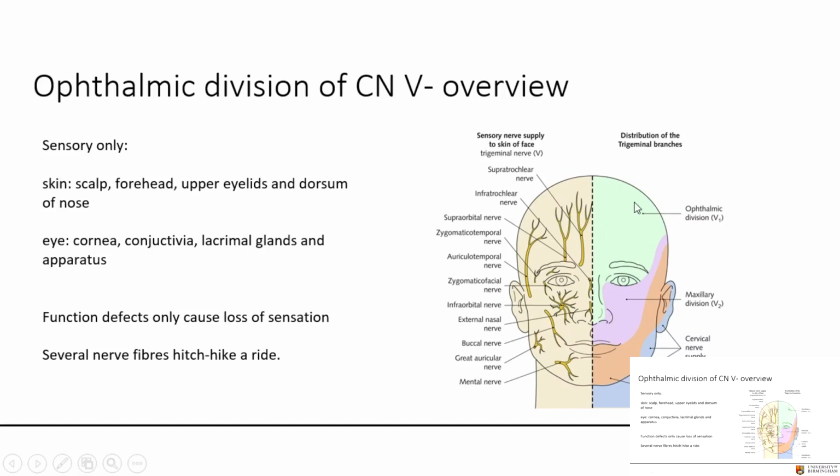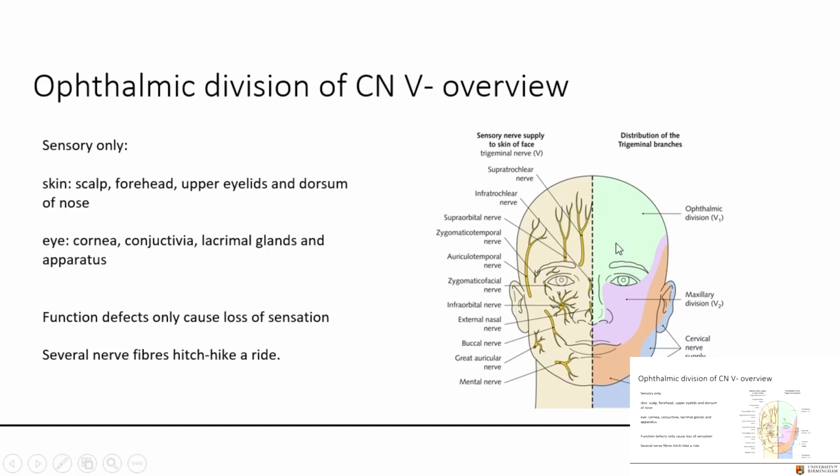So, it will be scalp, forehead, upper eyelids, the dorsum of the nose, and also gives sensory afferents to the eye, so the cornea, conjunctiva, lacrimal glands on the lateral side, and the lacrimal apparatus on the medial side.